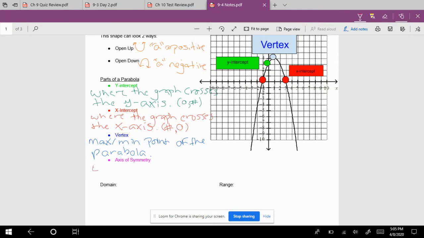So that would be a line that cuts the parabola in half symmetrically.